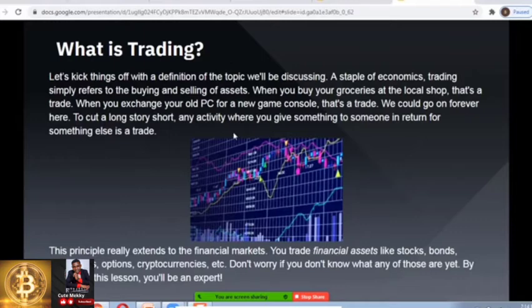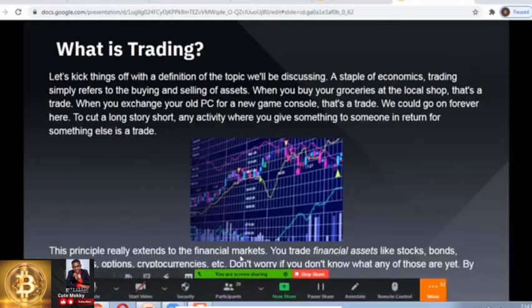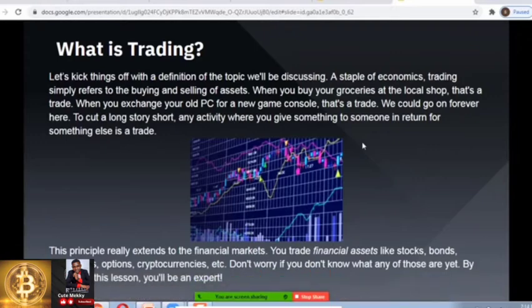So when such a thing occurs, we say that a trade has actually occurred, and that process is called trading. Now, the same principle also exists in the financial markets, and you trade financial assets like stocks. You trade Apple stocks, Google stocks, Facebook stocks, and many other stocks like Amazon stocks. We have bonds as well, forex like currencies, options, and cryptocurrency. These are financial markets.